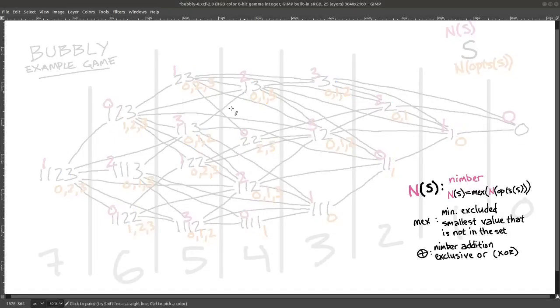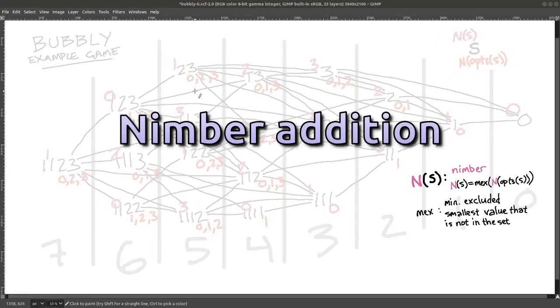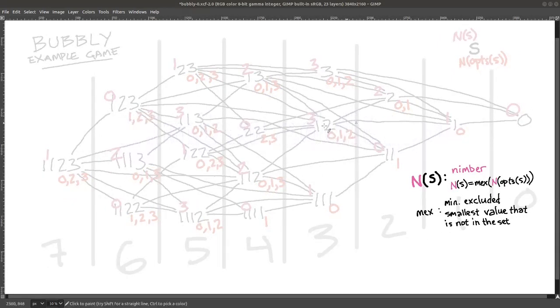So that's good, but there's more patterns than just that. All right, I just want to make this a little easier to read. So I'm going to just copy over the name of the state and the nimber.